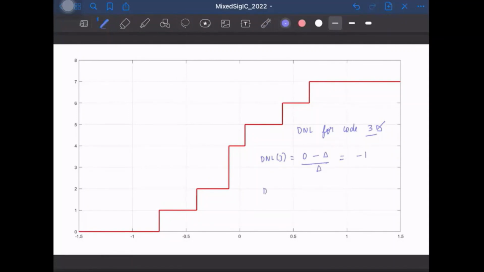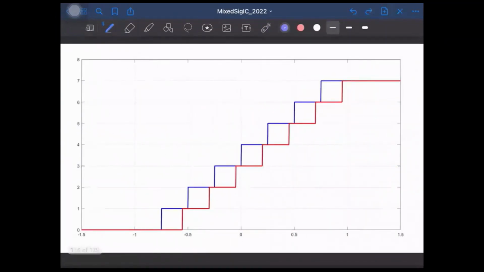Okay, so which means if at any code we get a DNL of minus 1, it implies that the particular code is missing, right? So we'll say it is a missing code. And obviously this is not something we want. So we always try to ensure that DNL is less than minus 1 LSB.